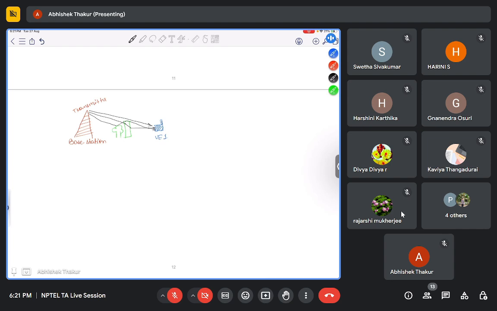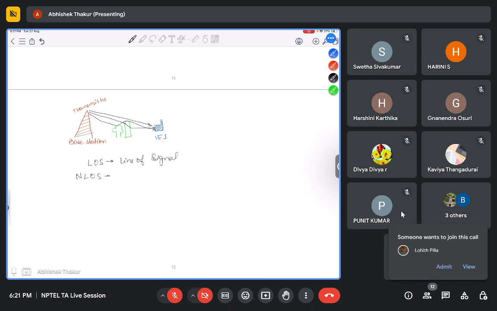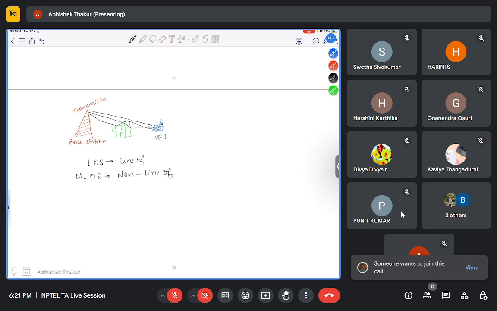So there are two kinds of signals: one is line of sight, another is non line of sight. For line of sight, the Rician channel is used. For non line of sight, the Rayleigh fading channel is used.